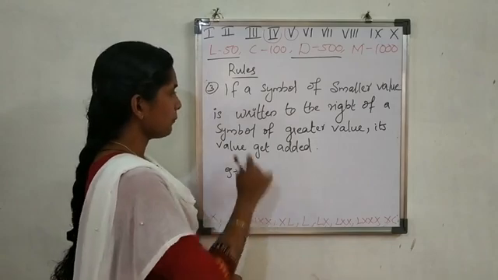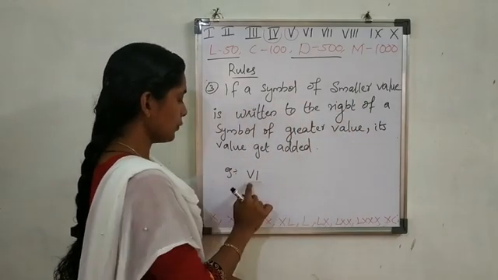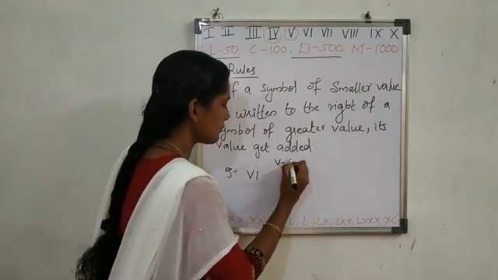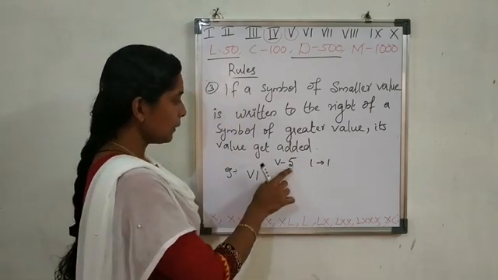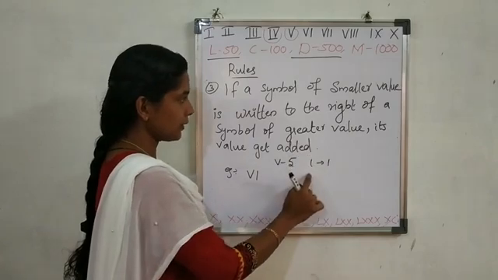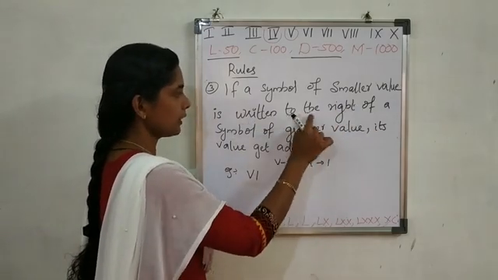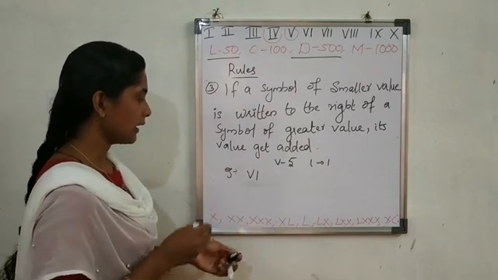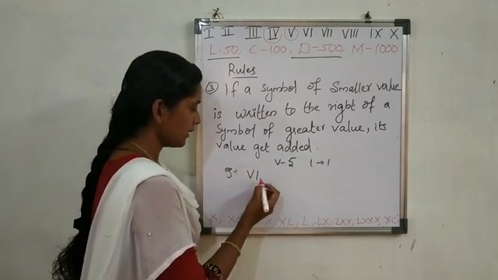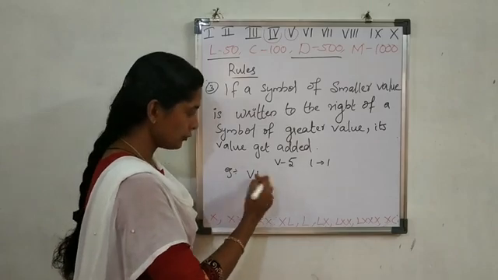Which one has the smaller value? This is 5 and this is 1. The symbol of smaller value, that is this 1, is written to the right of the symbol of greater value. Greater one is this 5.